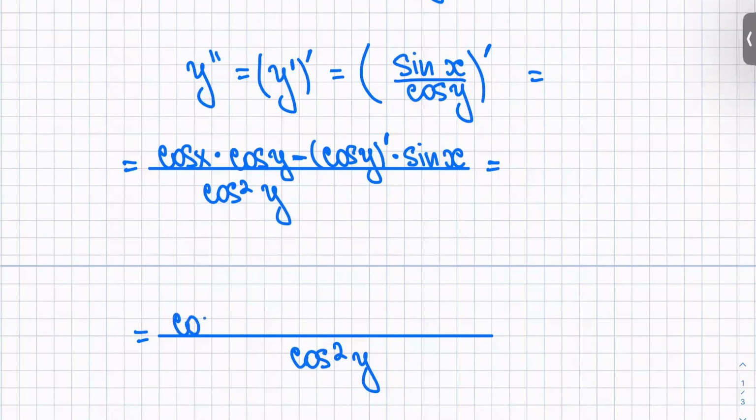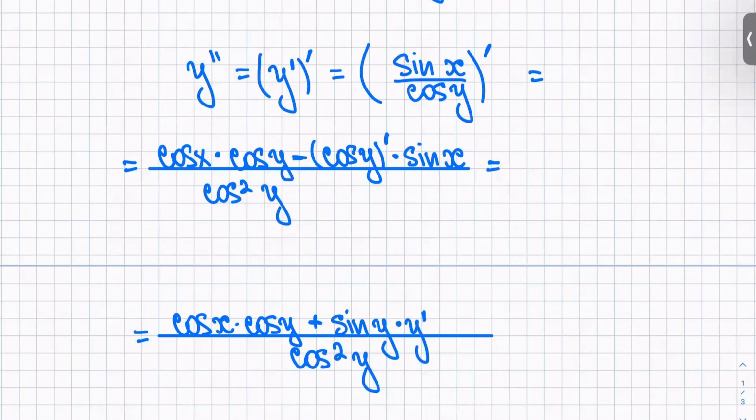So we will get here cosine x multiplied by cosine y minus. And here we apply the chain rule, dear students. So the derivative of the cosine is minus sine. So we will get here plus sine y, and we have to multiply it by y prime, which is the derivative of the inside function.